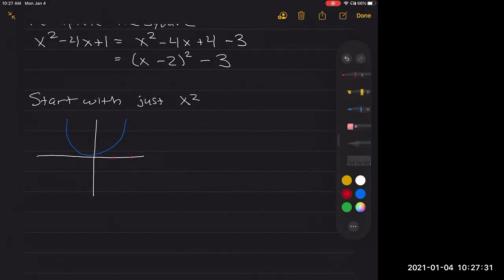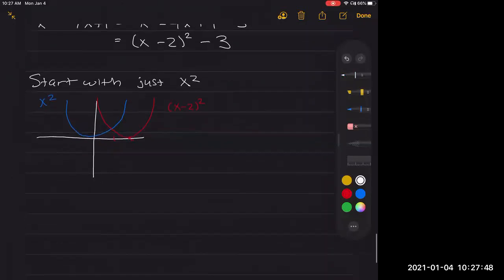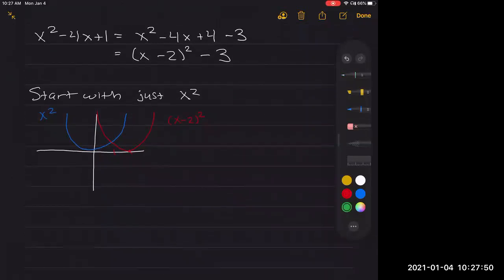So we're going to go 1, 2, and it's going to get shifted over. So then this is our new (x minus 2) squared graph. So then from here, we are going to subtract 3. So we move this 1, 2, 3. So then our new graph looks like this.